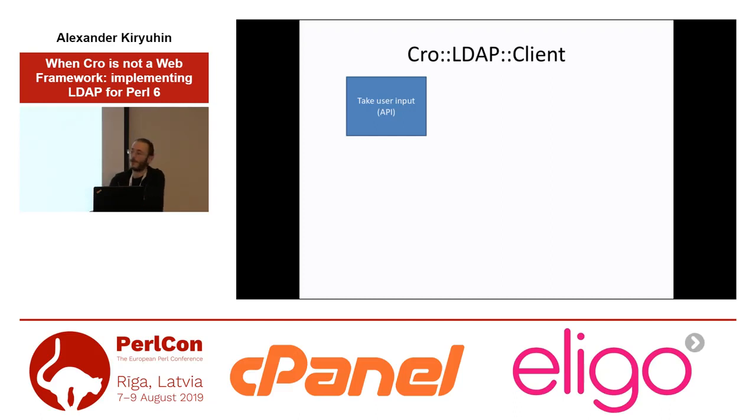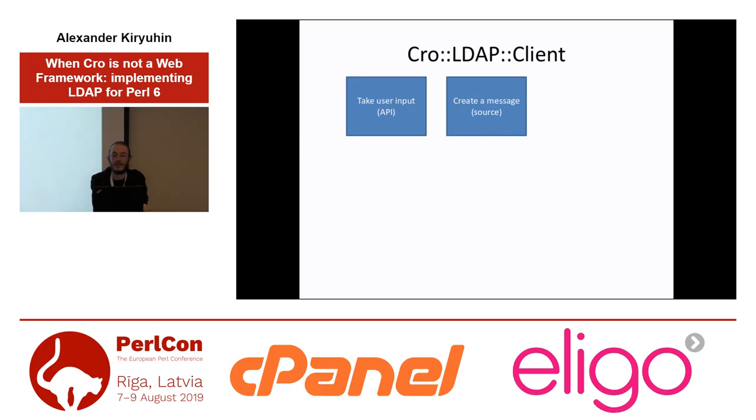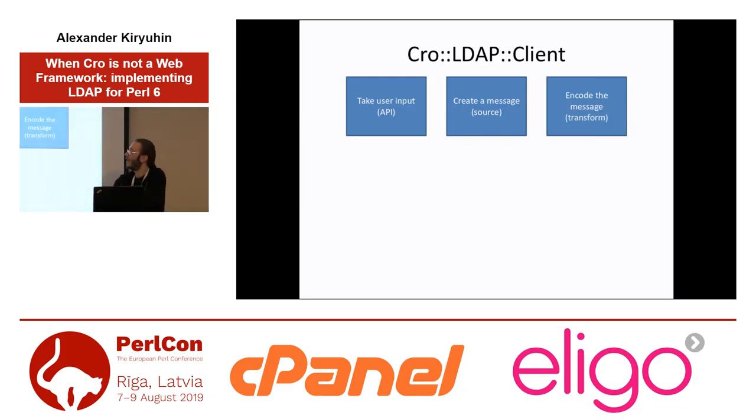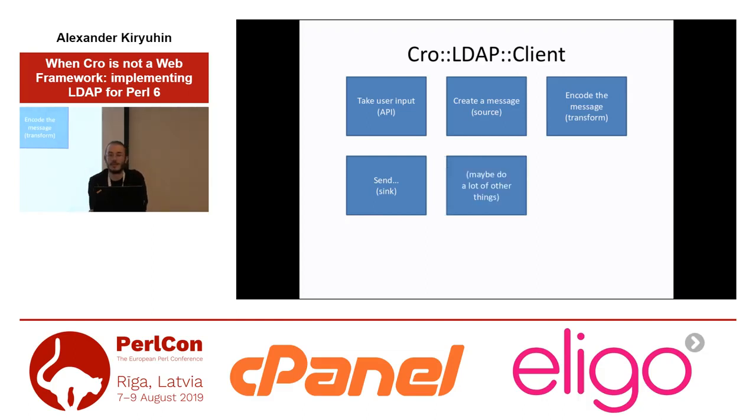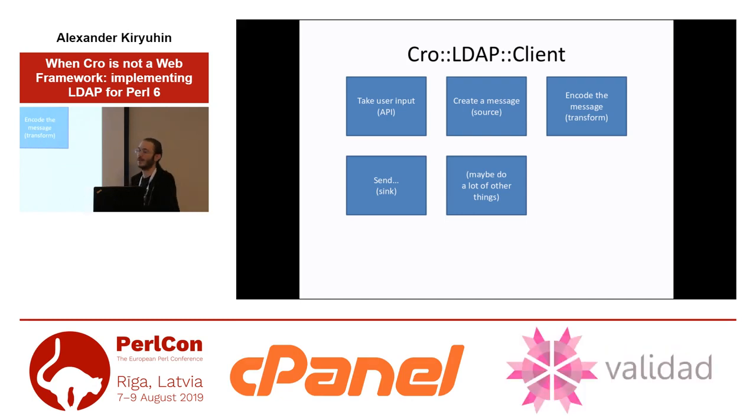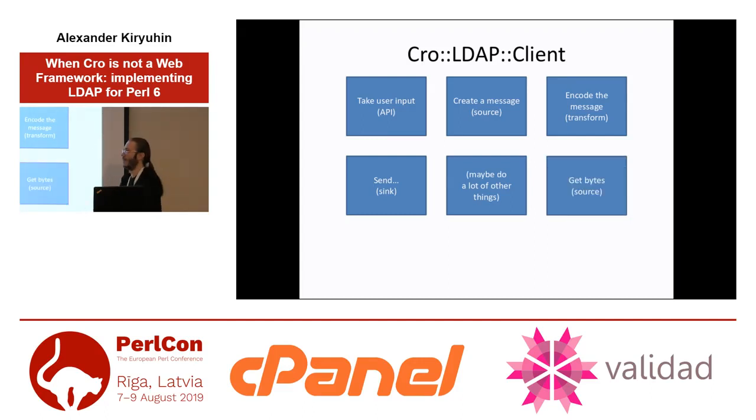So what our client does, it essentially takes user input, and then it creates a message, of course. It is a source of our messages, and they are encoded. It is transformed from messages into bytes, and then we send them to a socket, for example, and we can do a lot of other things, because Perl 6 is very concurrent, and Cro is very concurrent, and almost everything in LDAP is concurrent too, so we can abuse it.